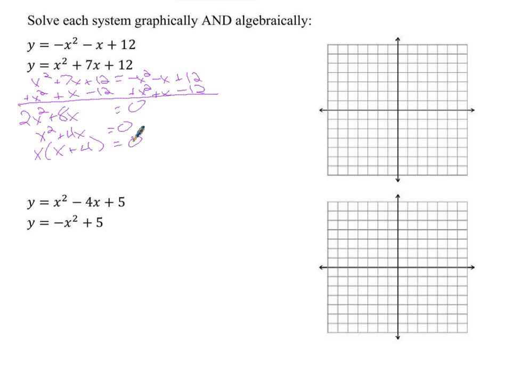Now what? So what do I do next? Yeah, but how? I can't divide by a variable ever. I can't subtract 4.